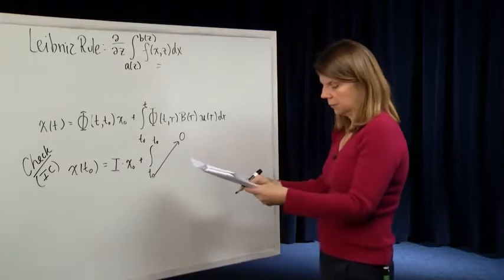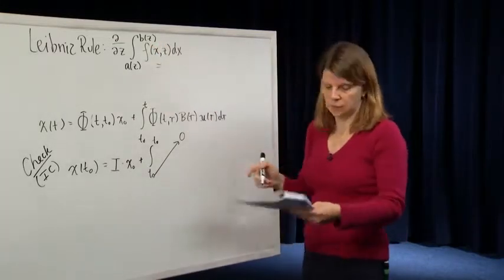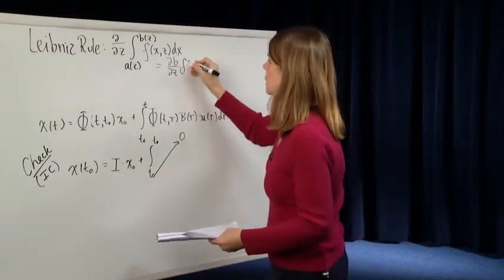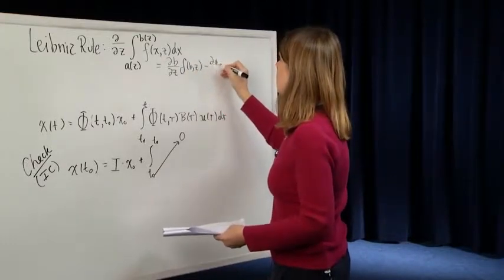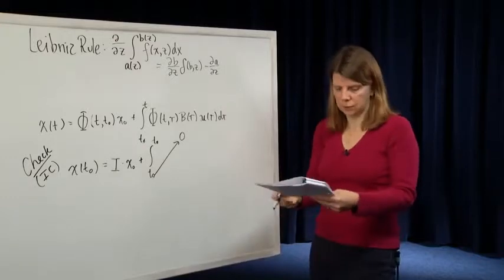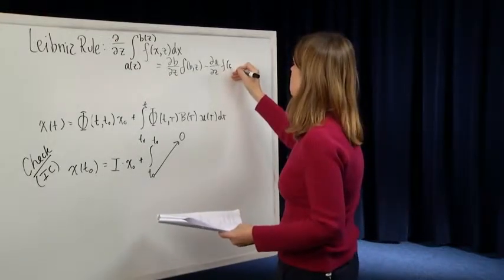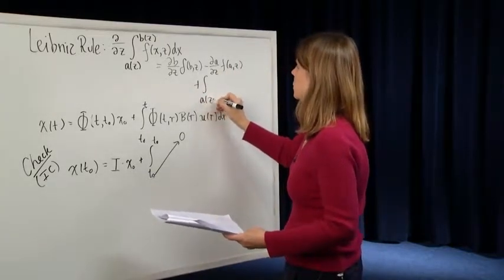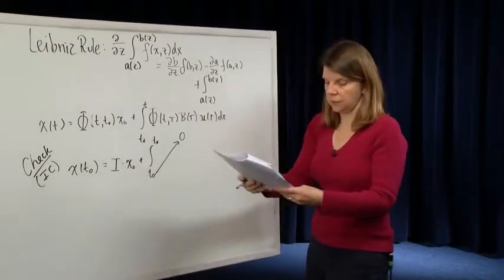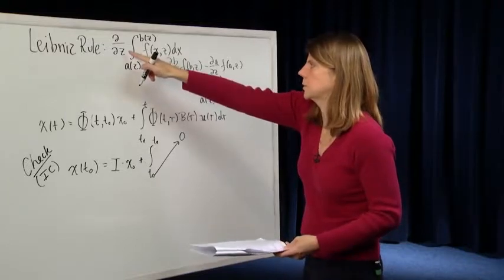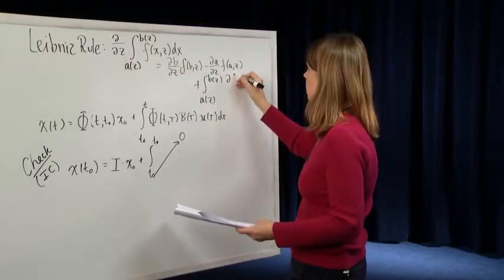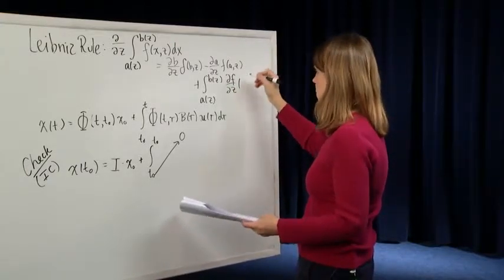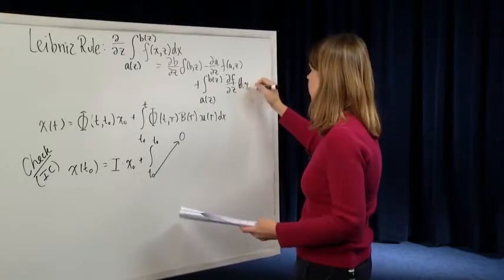So it's the derivative of the upper limit of the integral, db by dz, times f of b, z, minus da by dz, so these a and b are possibly functions of z, times f of a, z, plus the integral, and now we bring the derivative inside the integral from a to b of f, so d by dz of f, and f is a function of x and z, dx.